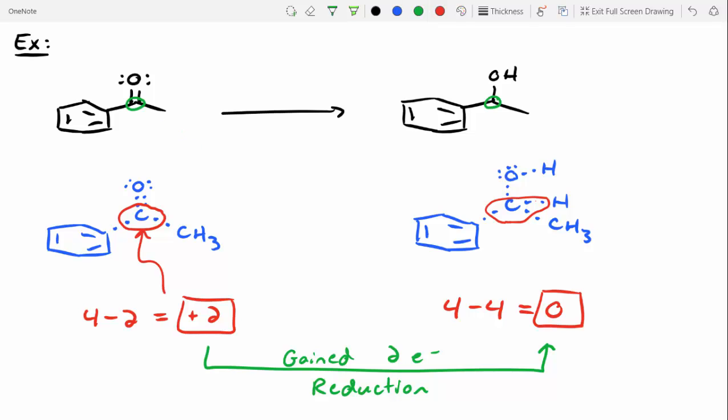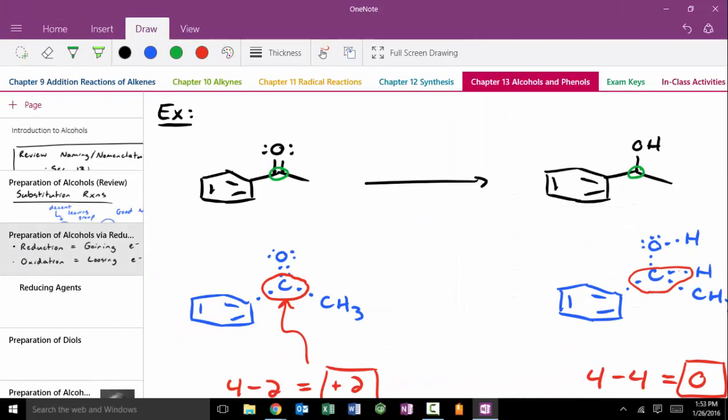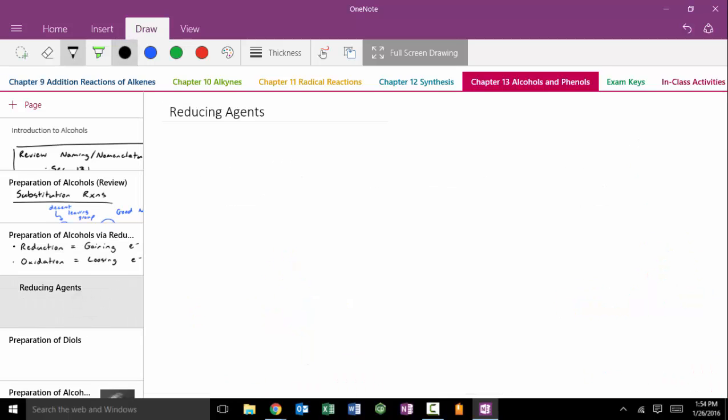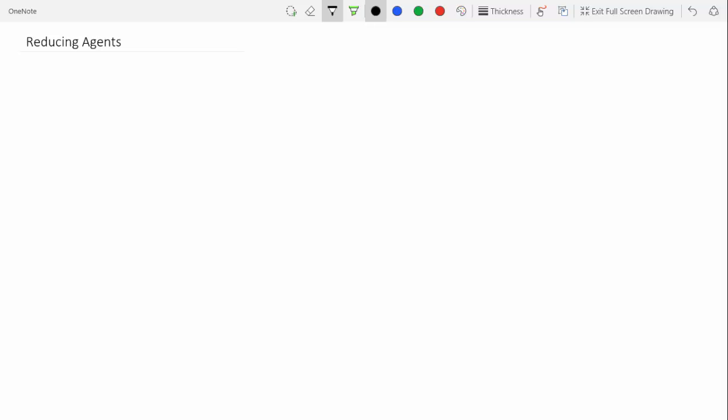All right, so now let's go into reducing agents for chapter 13. Yep, alcohols are in chapter 13.